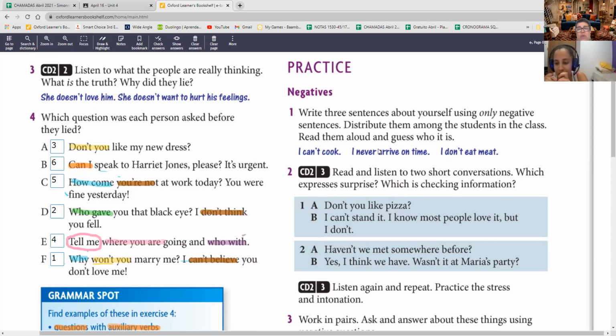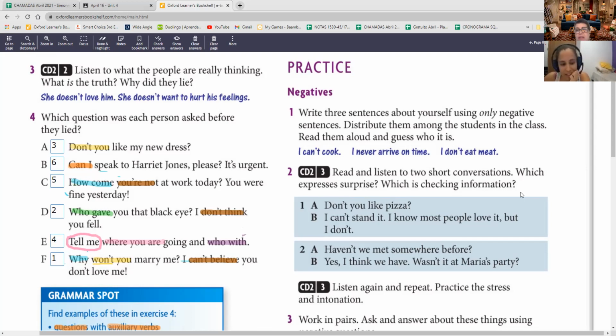Even though here we don't have a negative auxiliary verb, I can use the word never to express a negative idea, right? "I never arrive on time." So we don't use auxiliary verbs with the adverb never. Okay.